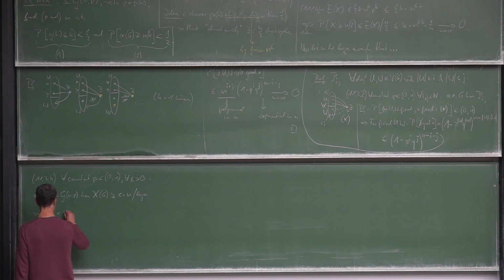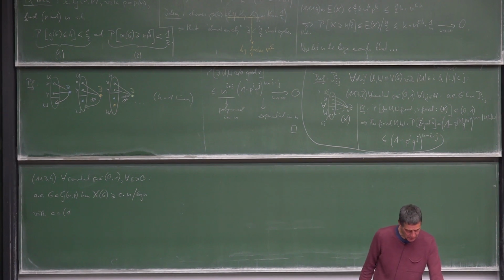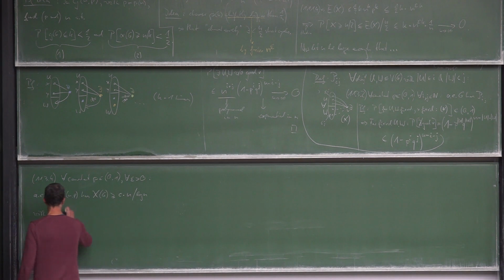C is log of 1 over q, divided by 2 plus epsilon.